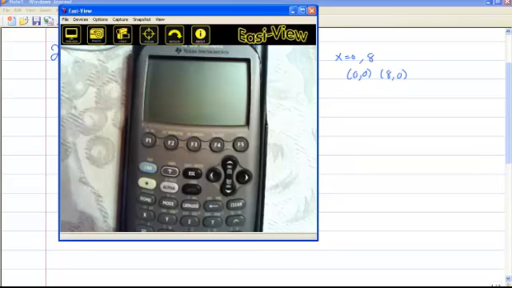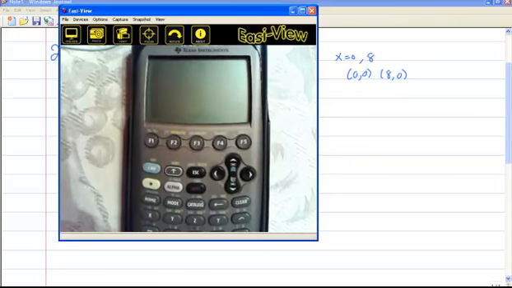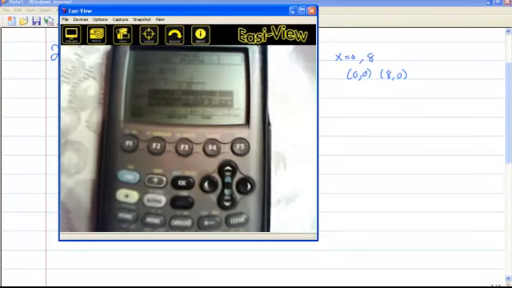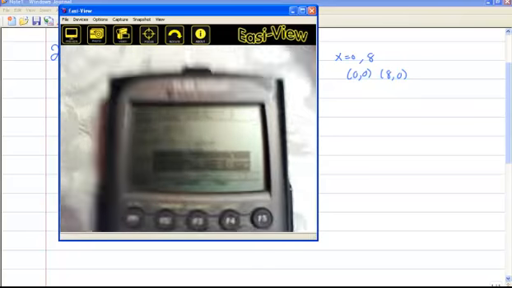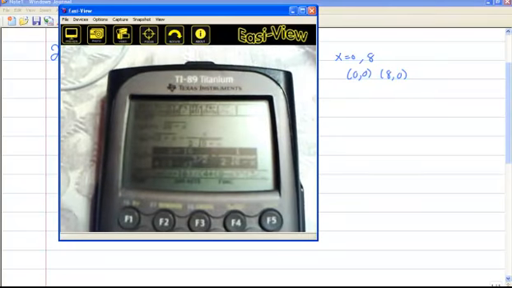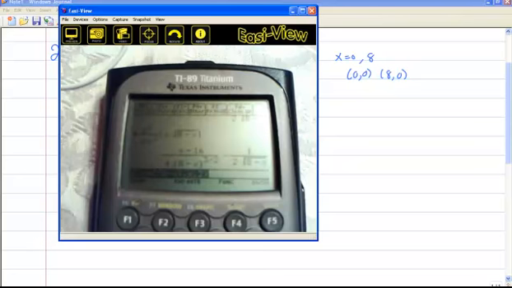Here's the TI-89 calculator. I'll turn it on, and there's our screen. If we can zoom in a little bit, literally by pushing the camera closer to the screen. Let me go to the home button and clear out what I have here.